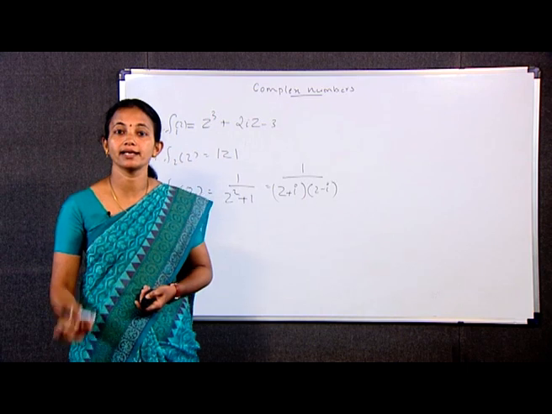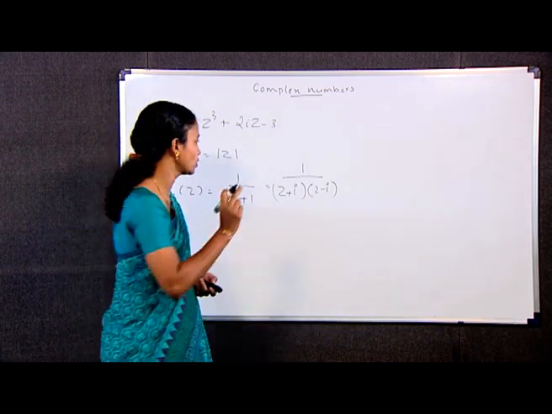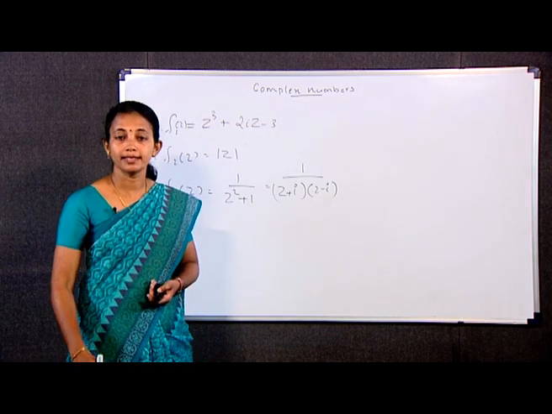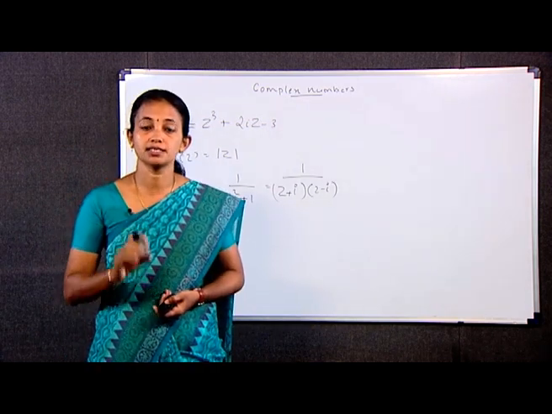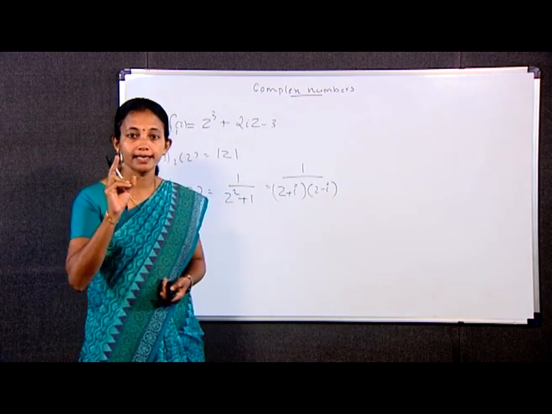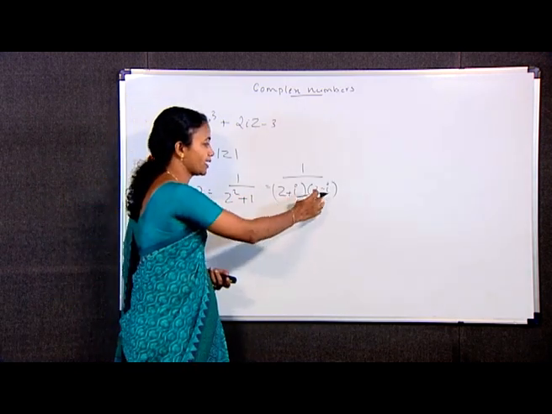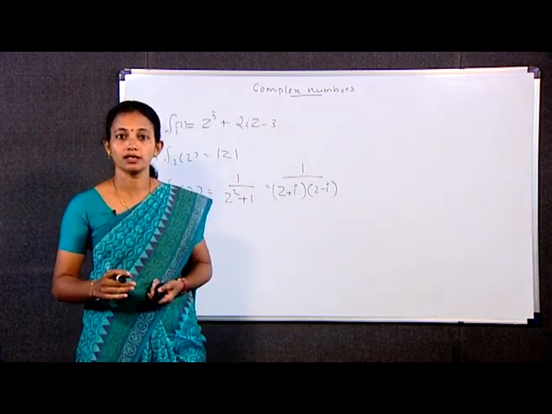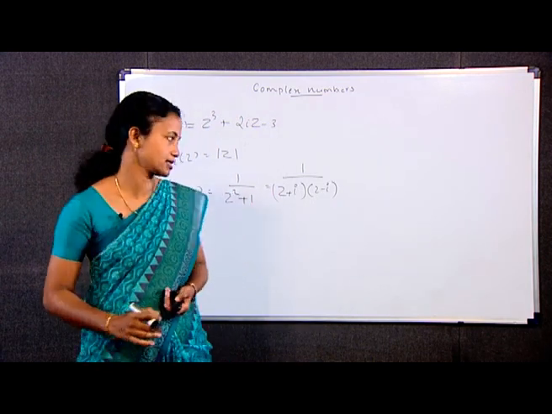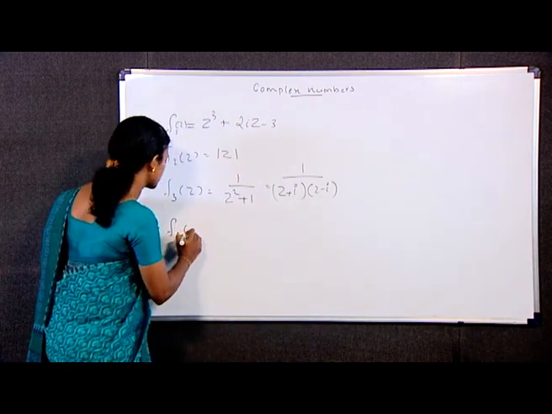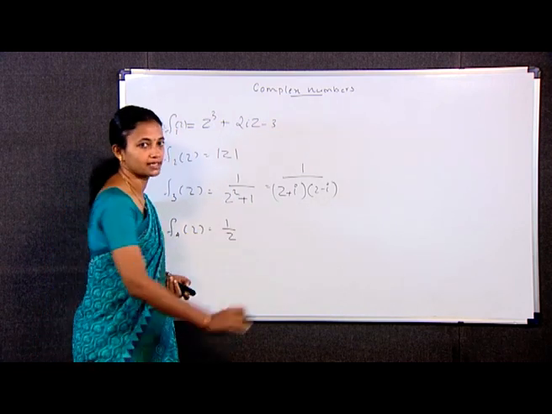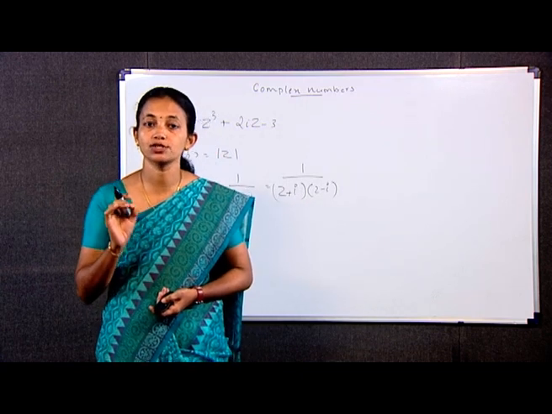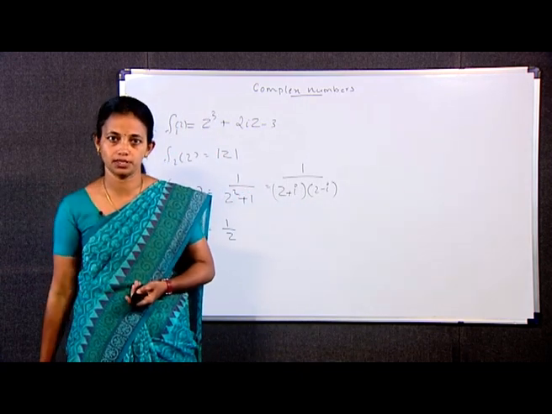It is undefined at the two points z equal to i and z equal to minus i in the complex plane, and hence the domain of f3 is the entire complex plane except the two points z equal to i and z equal to minus i. Similarly, for the function f4(z) is equal to 1 by z, the domain of definition is taken to be the set of non-zero complex numbers.